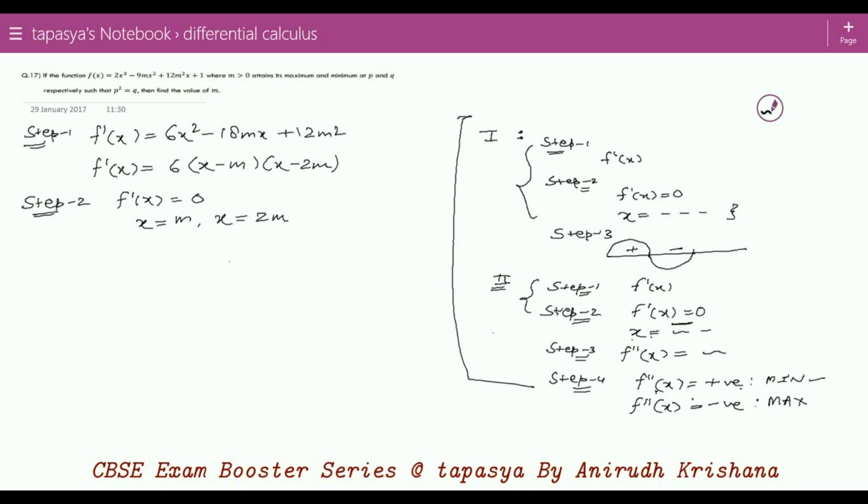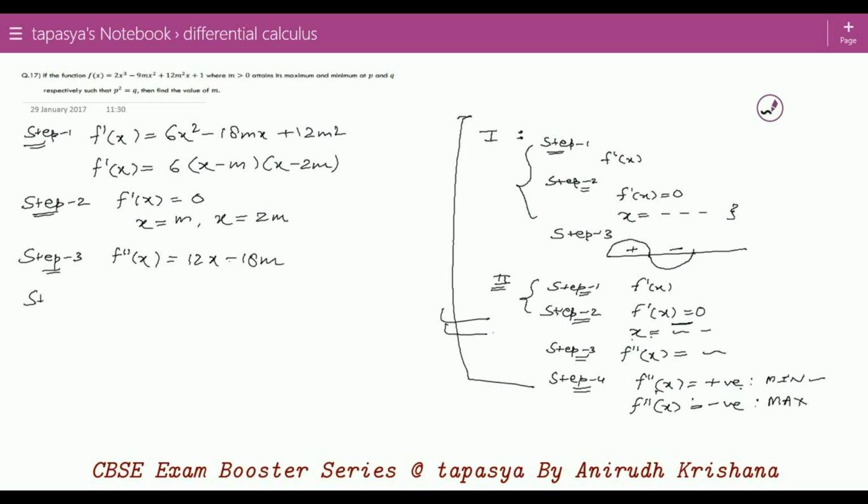Now I am using in this problem the second derivative test. So in second derivative test, in the third step you have to find the double derivative of the function. So here I am getting the value of f double dash x as 12 of x minus 18 of m.